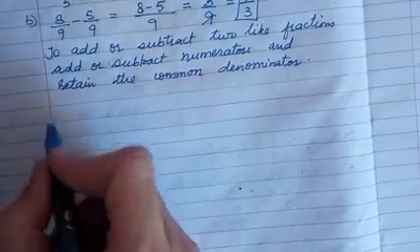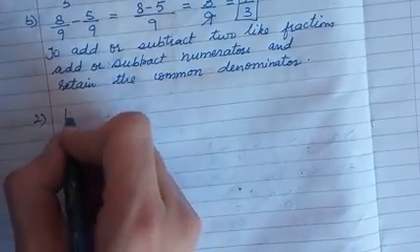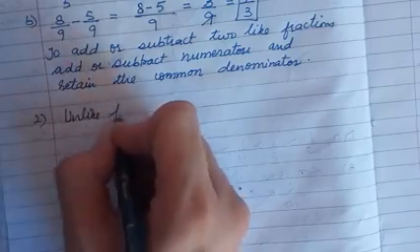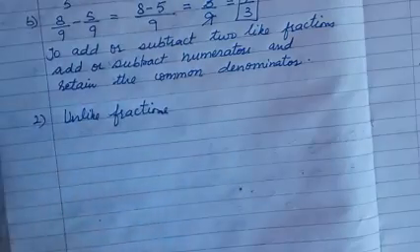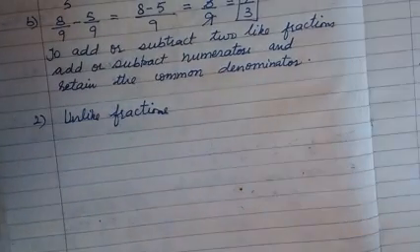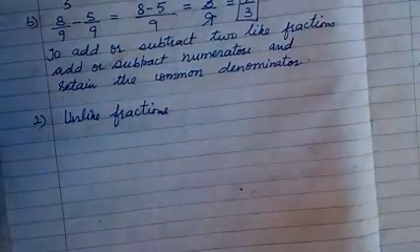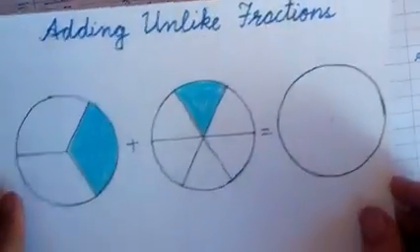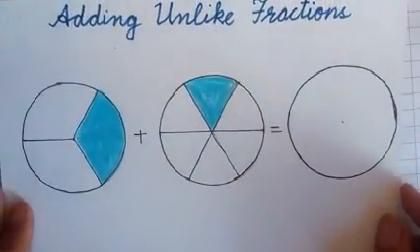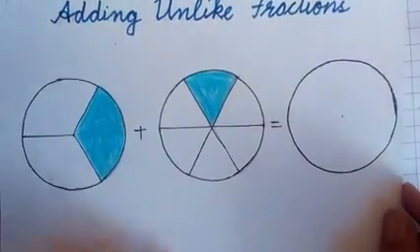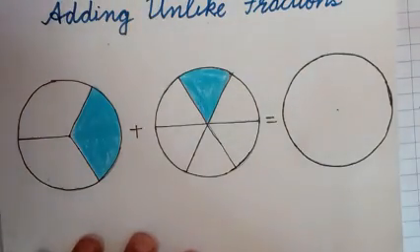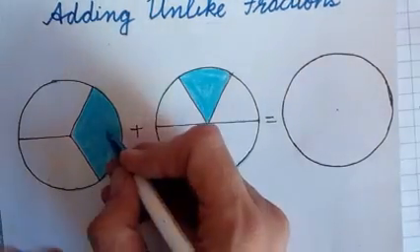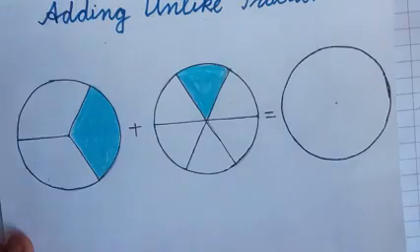Now let us study about unlike fractions, their addition. Adding unlike fractions. Now here this is our fraction. It is showing total how many parts are there.